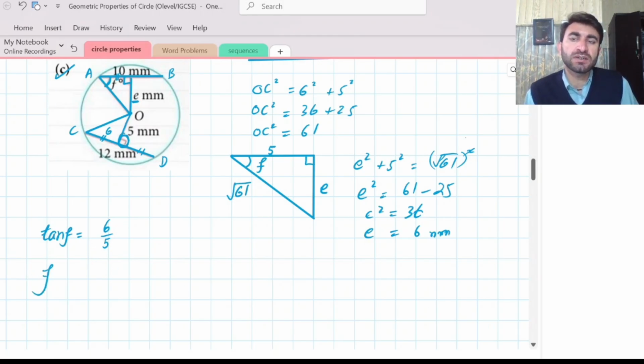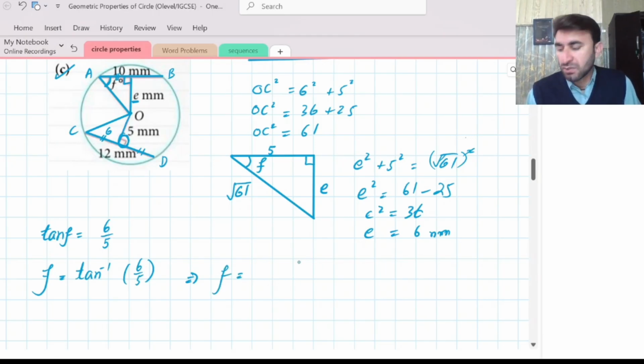So F shall become tangent inverse of 6 upon 5, and using the calculator we will figure out its value, which is 50.19 degrees. So that was the C part.